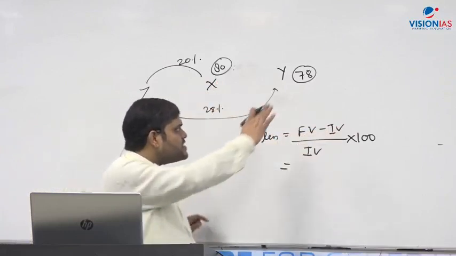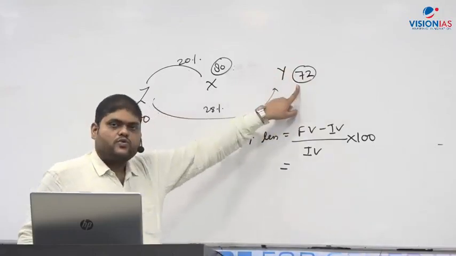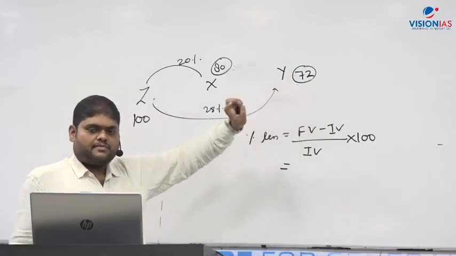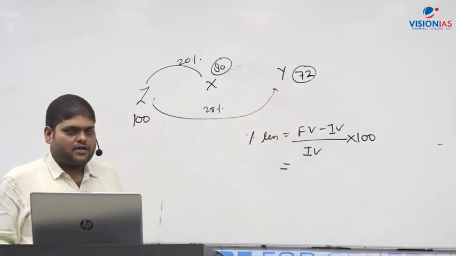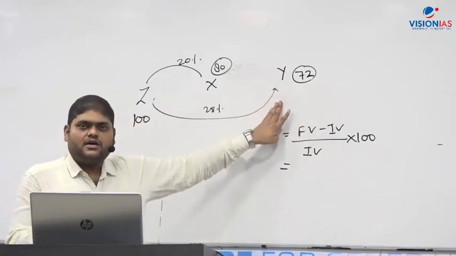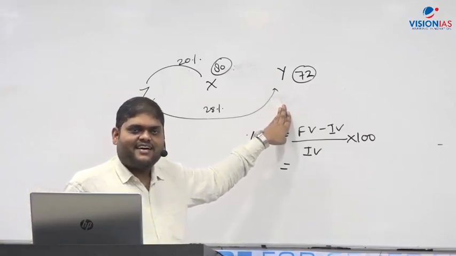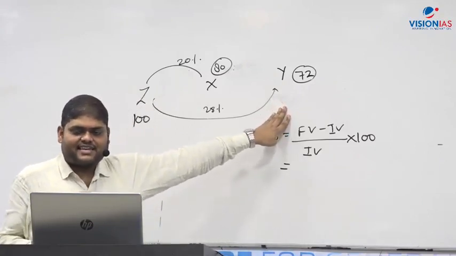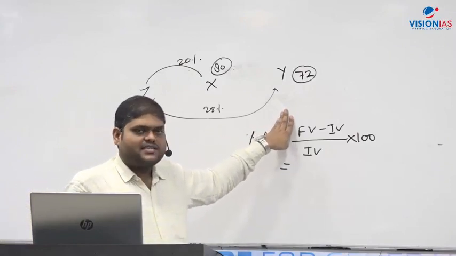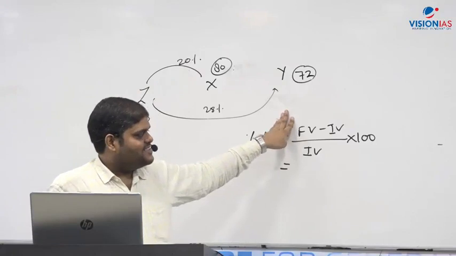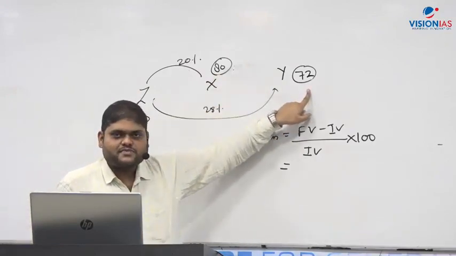Sorry, this is 72. I was checking whether you are sleeping or really looking at the board. That's why I deliberately wrote the wrong number there. So this is 80, this is 72.